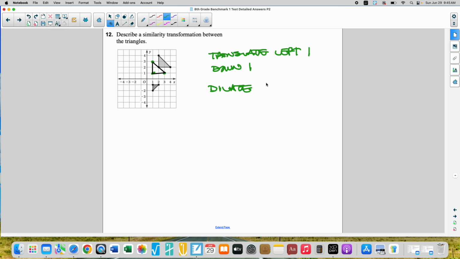So every point we will dilate. No, that's not 1/2, because 1/2 of 3 would be 1 1/2. How do we dilate that? Well, dilating, and then we have to reflect it. We still have to reflect it over the x-axis too.